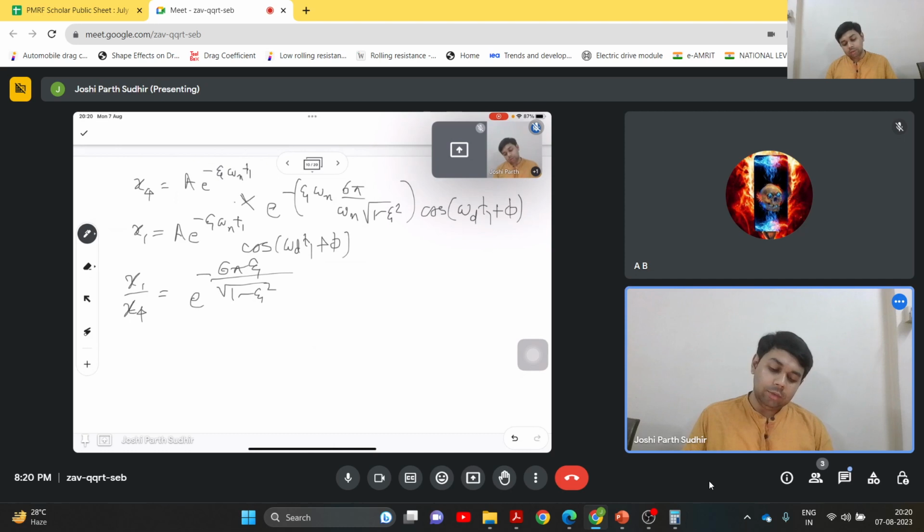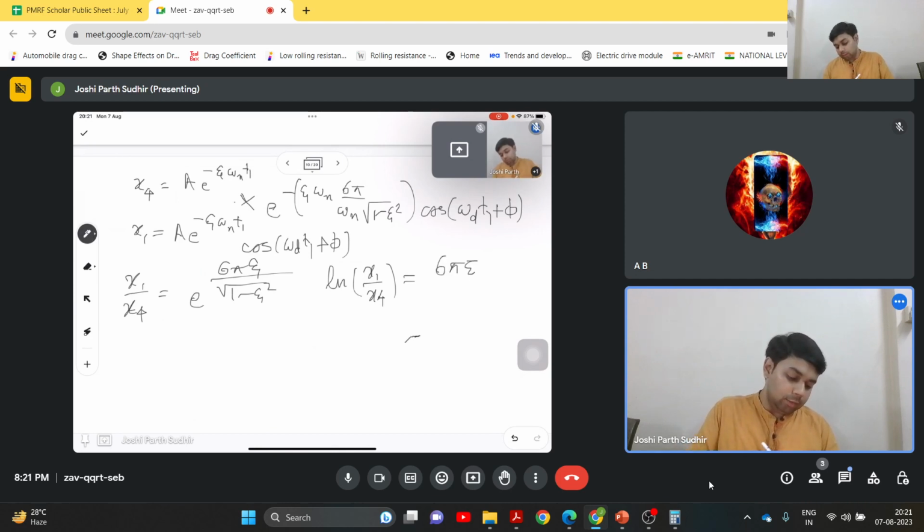If we take the natural log of both sides, we will get ln of x1 by x4. The log of e to the power something is the exponent only. So we can write it as 6 pi zeta upon root of 1 minus zeta square.